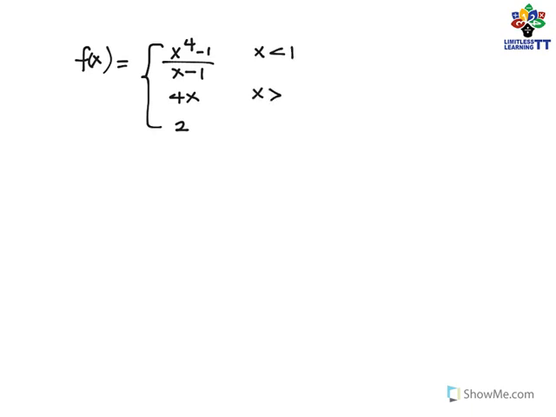Number 6 gives us a piecewise function. Function f of x is defined by this piecewise function: x to the power 4 minus 1 over x minus 1 when x is less than 1, 4x when x is greater than 1, and f of x is equal to 2 when x is equal to 1.